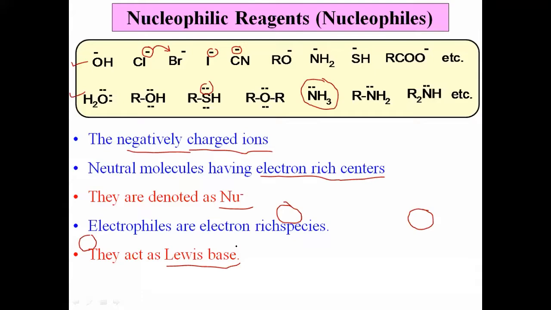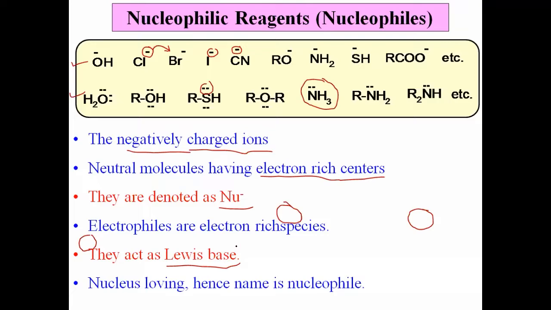This is again an important property. And the last one: they are nucleus loving. They have a negative charge, and the nucleus is positively charged, therefore they are attracted to the nucleus. Simply we can say they are nucleus loving, and hence the name nucleophilic reagent or nucleophile.